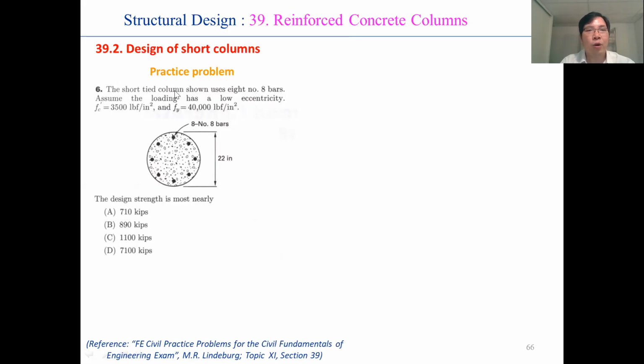The short tie column shall use number 9 bars, and we assume that the loading has a low eccentricity, and they give you the properties of the concrete and the steel. The question is, what is the design strength of this column?